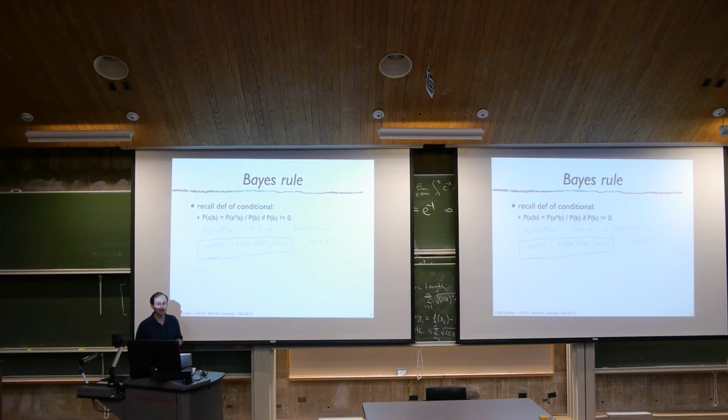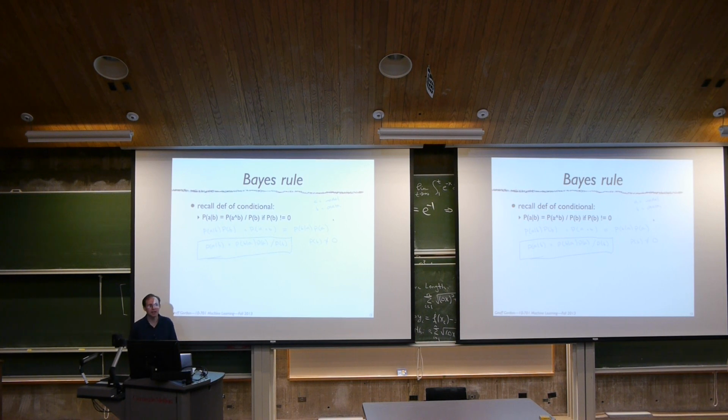So why do we care about Bayes rule? It turns out to be incredibly useful. Suppose that I write that A is equal to my model, and B is equal to my data.